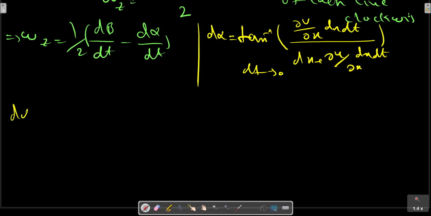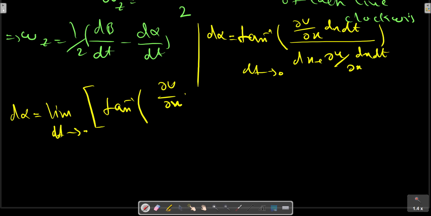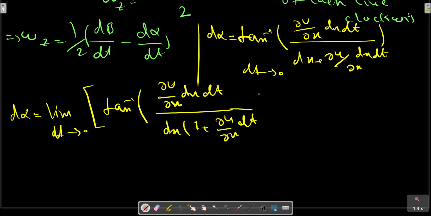We have d alpha equals the limit as dt goes to 0 of tangent inverse, with dx over one plus the partial of u with respect to x, dt.